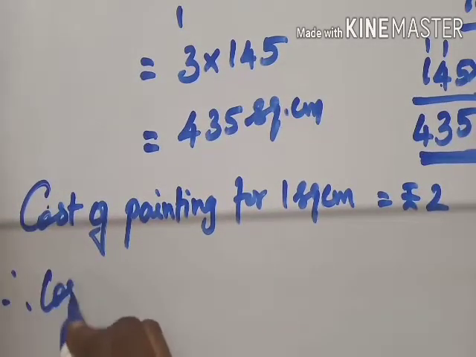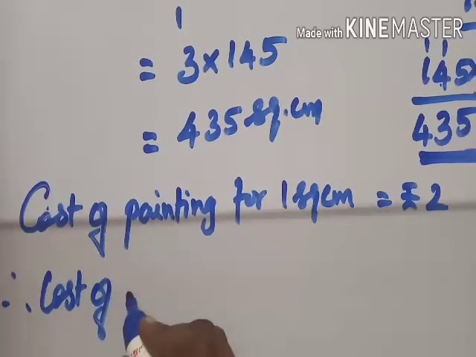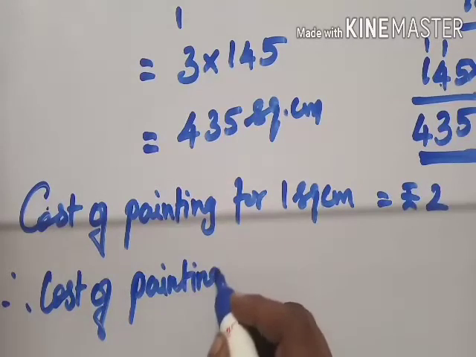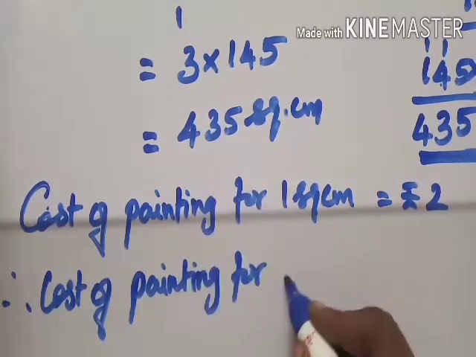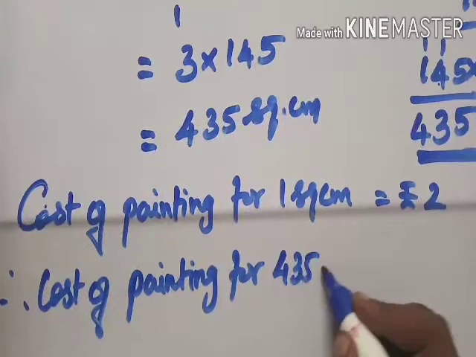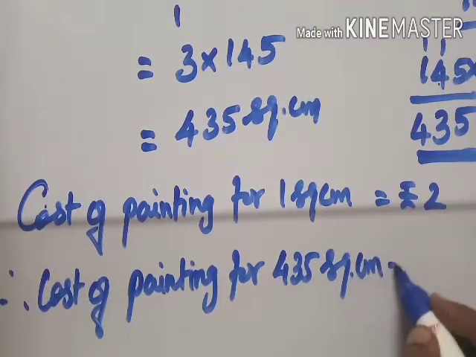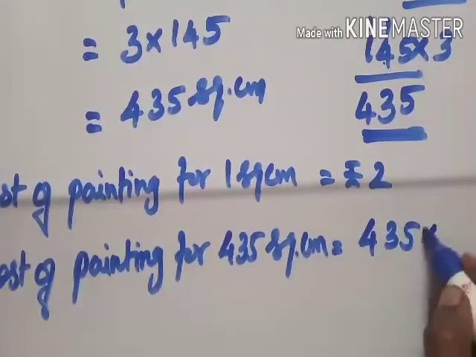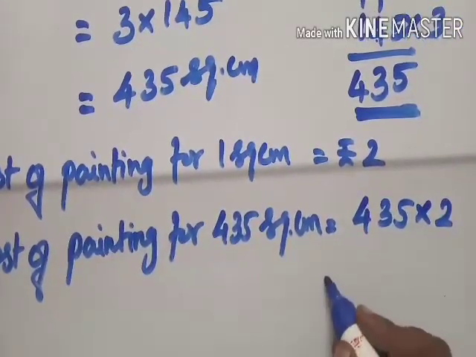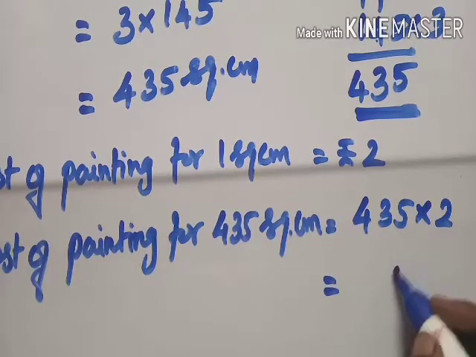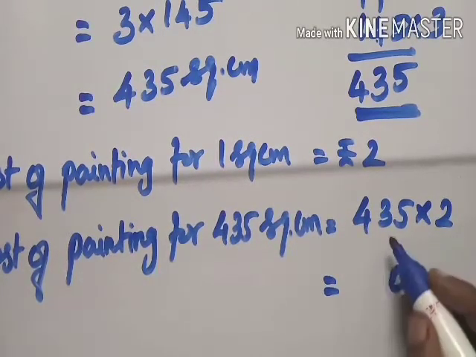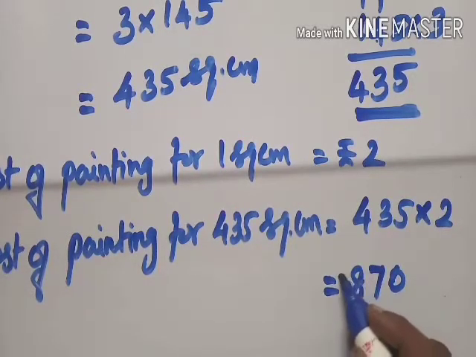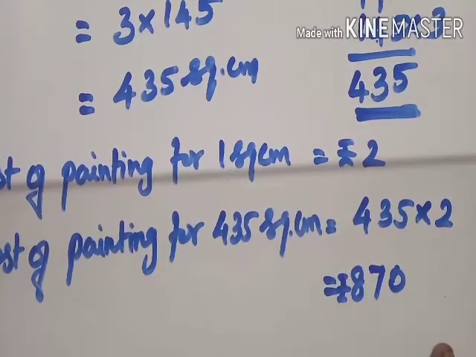Therefore, cost of painting for how many square centimeter? 435 square centimeter is equal to 435 into 2. 5 2s are 10, balance 1. 3 2s are 6 plus 1, 7. 4 2s are 8. That is rupees 870.